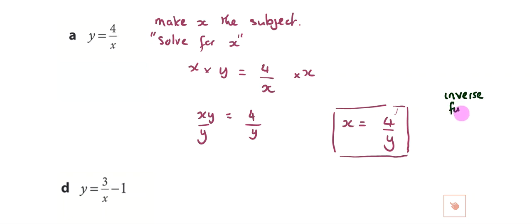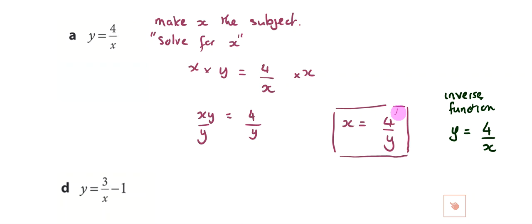The actual inverse function is to write it as y equals 4 over x. Do you remember swapping the x and the y? Because if the input was x, the output's y. In the inverse function, the input is y and the output is x, but we don't do that.